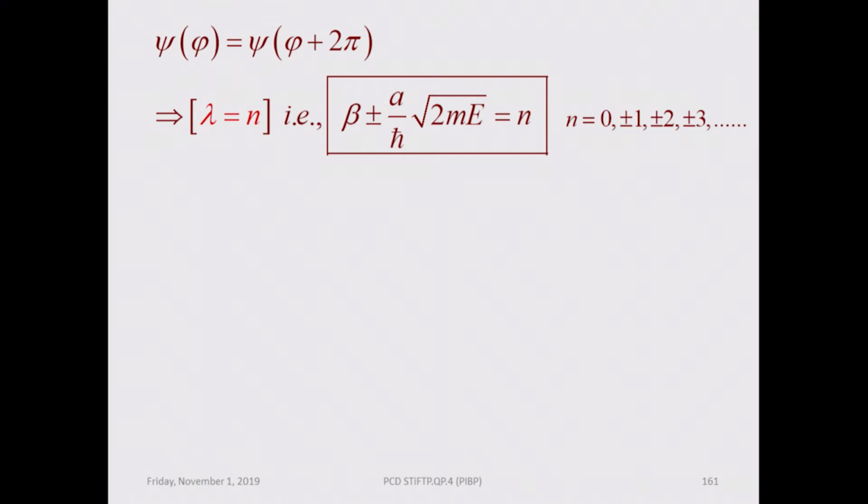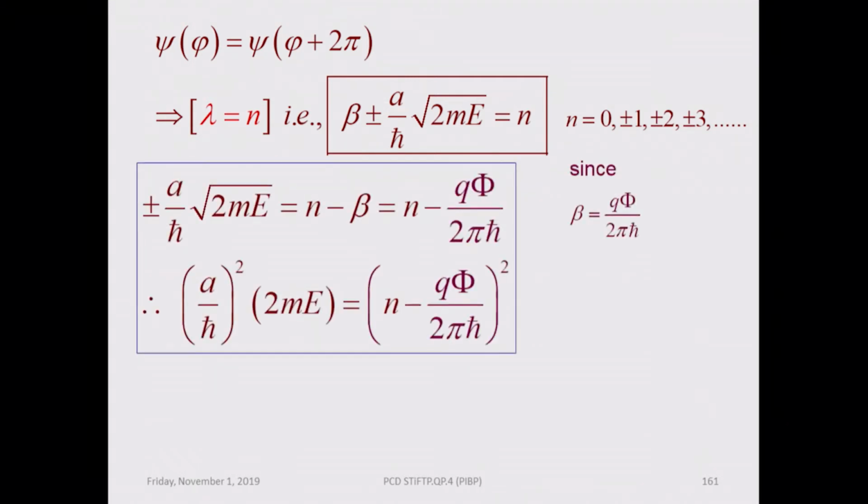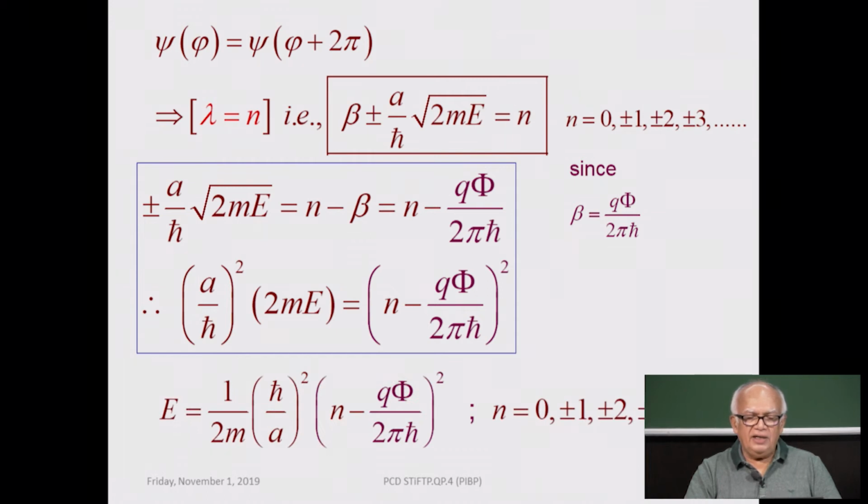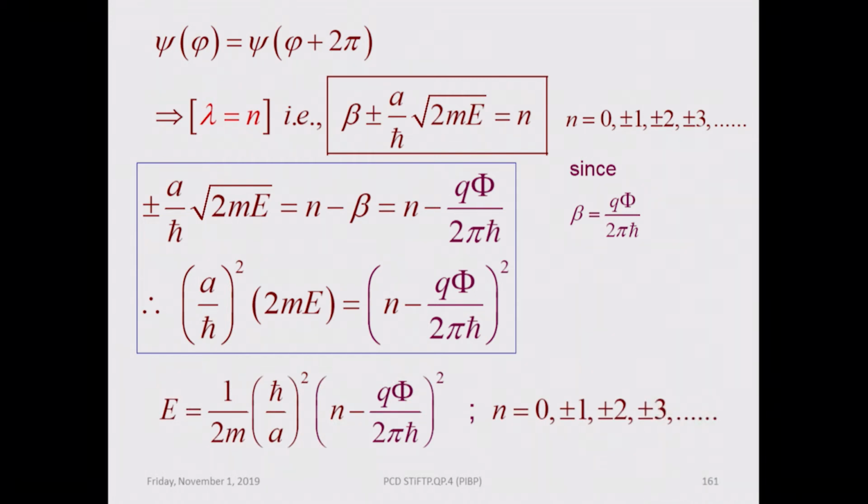So, you have n, and you can rearrange this to get the energy itself, and the energy turns out to be given by this constant, which of course has the flux. But if the flux was 0, this energy would be the same irrespective of n being plus 1 or minus 1 or plus 2 or minus 2.